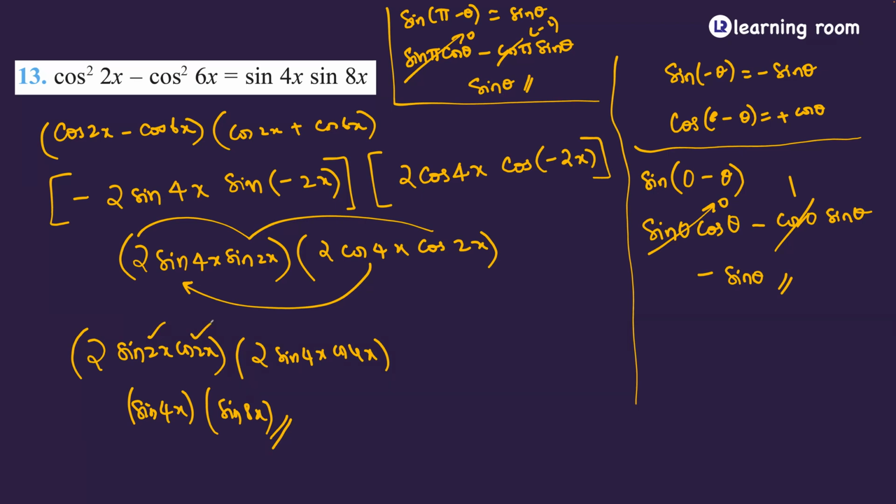Then it will become sine of double that angle. Triple will not come here. Triple will come when you have 3 sine theta minus 4 sine cube theta, and the formula is for triple angle. In this problem there is no triple.